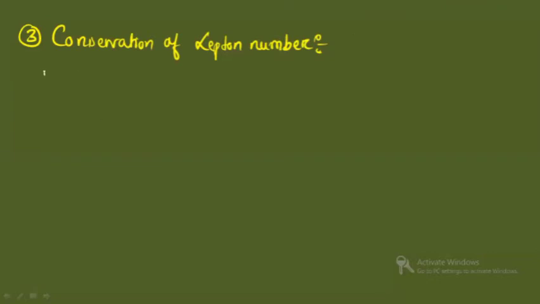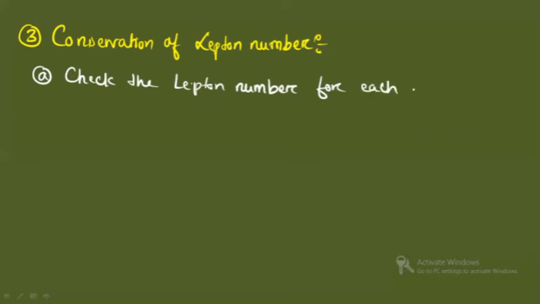Point A: check the lepton number for each family individually. You have to see the lepton number for each member individually. Clear?